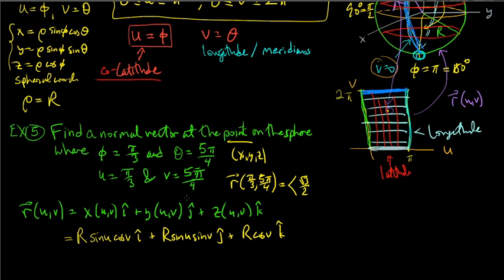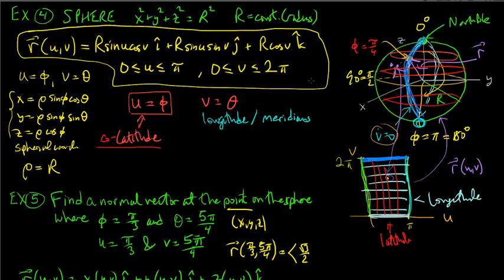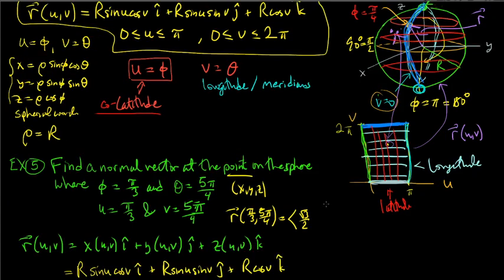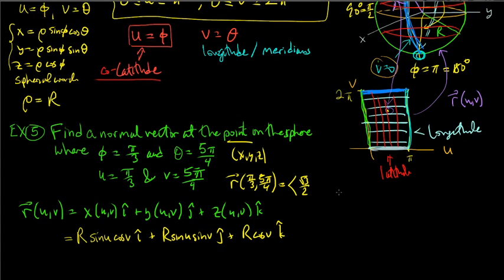Cosine of v, cosine of 5 pi over 4, is between 0 and 2 pi, so that's fine. It's just negative square root of 2 over 2, times r, of course.